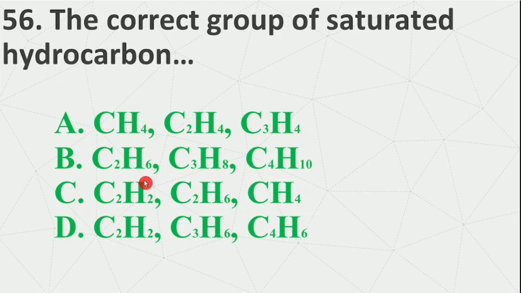See the options properly. First option CH4, C2H4, C3H4. Here only the carbon atom is increasing, the hydrogen atom is the same. So it does not belong to saturated. The second option is C2H6, C3H8, C4H10. So option B belongs to the alkane group. So that means it belongs to saturated hydrocarbons.